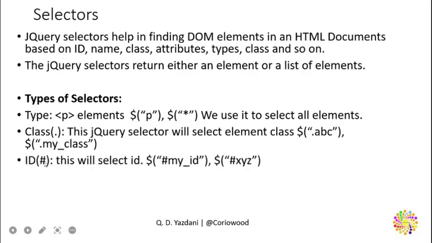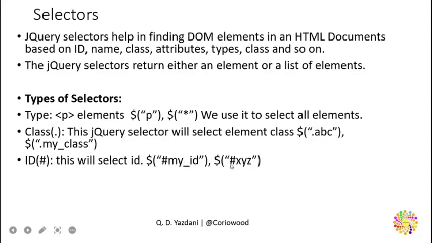There is also the hash, which means that's the ID, and dot means class. Those are the two things you guys remember. If you remember this dot and hash, you are good to go with jQuery. So this hash will select the ID. Whatever ID you want to put in your HTML, you can put your name as the ID.